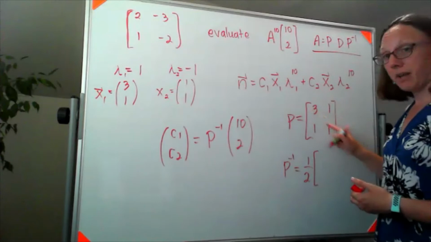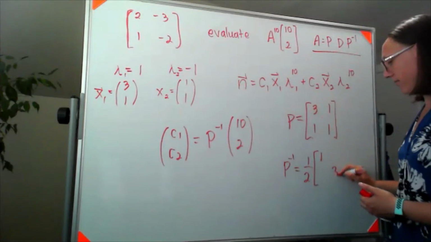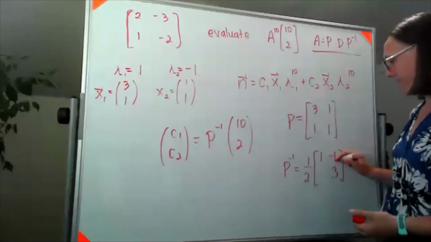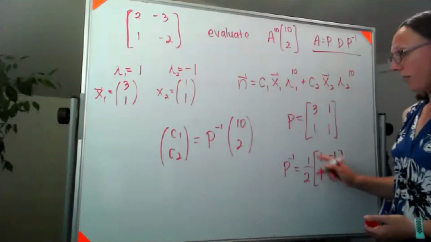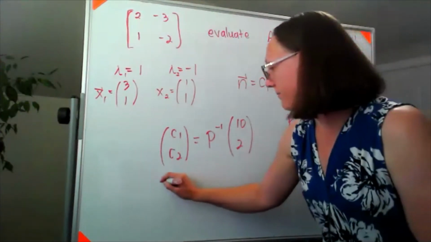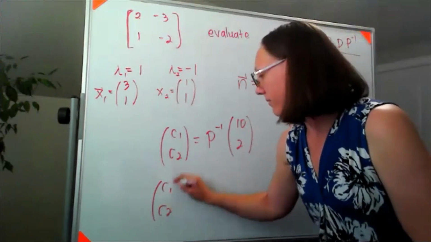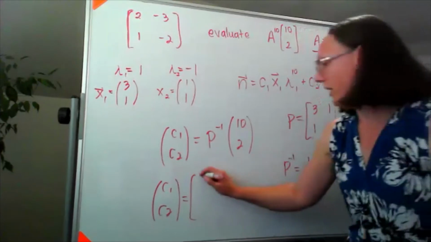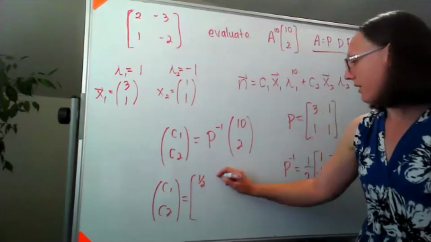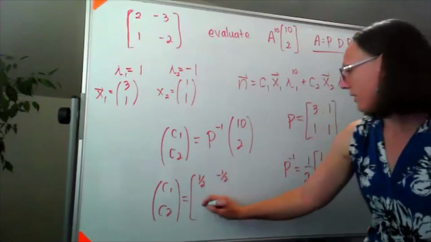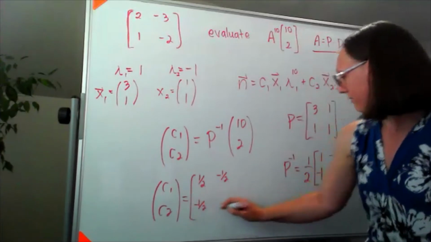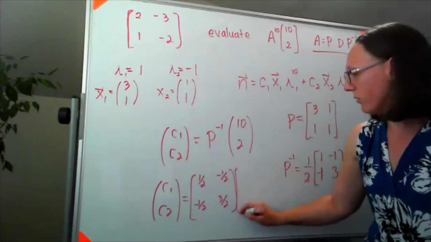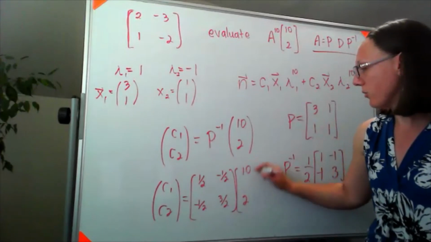I flip the primary diagonal, and I make the off diagonal entries negative. So my P inverse matrix, distributing that 1/2 through, is going to look like 1/2, negative 1/2, negative 1/2, and 3/2. And that is what I'm multiplying by 10, 2.